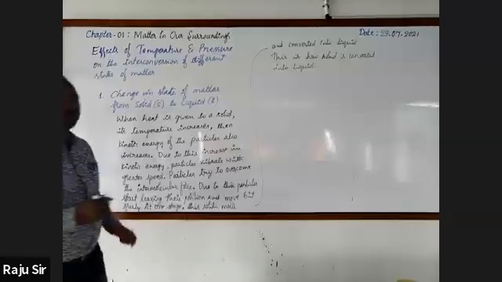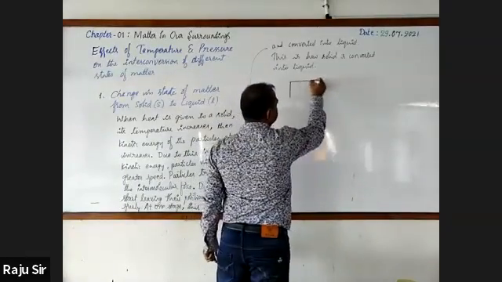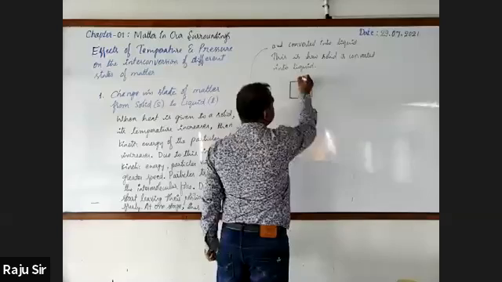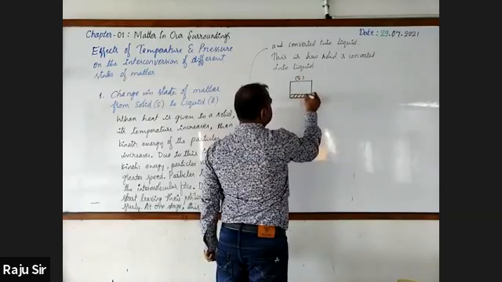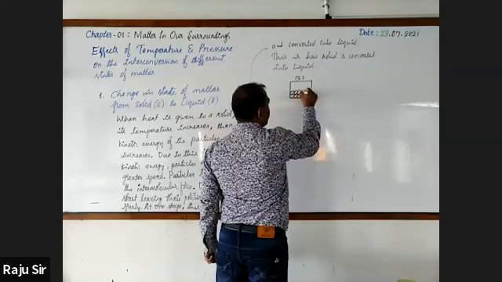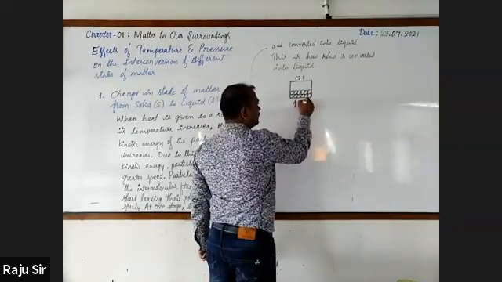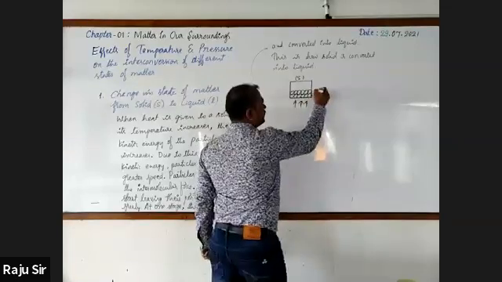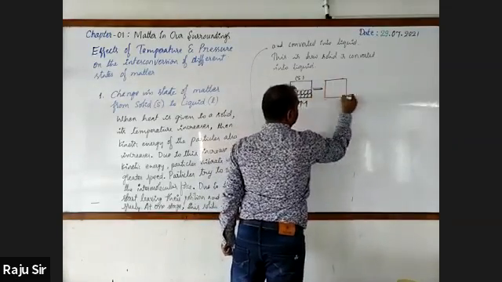Below that, for your reference, you can draw like this. This is solid. Here, show the arrangement of particles. Just 2 lines are enough. Then, as you provide the heat, it gets converted into liquid.